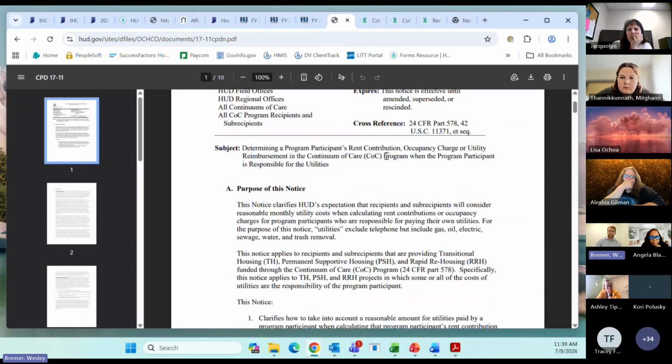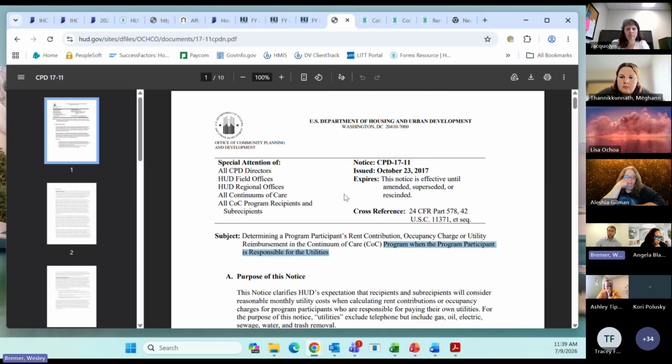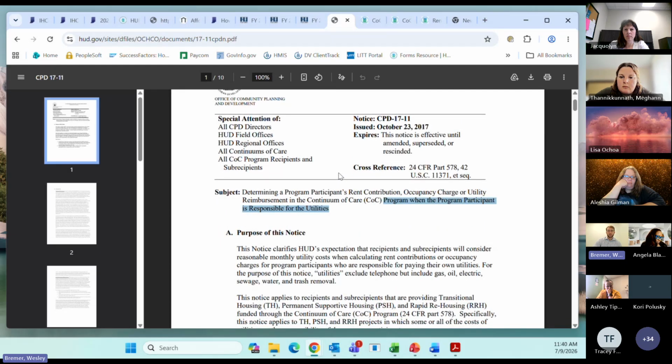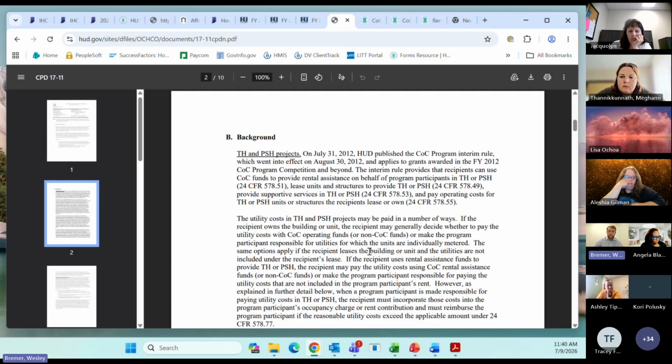Okay, and as I just said, even in the title, when the client is responsible for utilities is when this notice will be of purpose. So I'm just going to do a quick run through. For our agency leaders, the executive directors, the program directors, pages 2 and 3 will be of high interest to you because they outline the different budget line items in CoC funding through which you can get reimbursed for utilities.